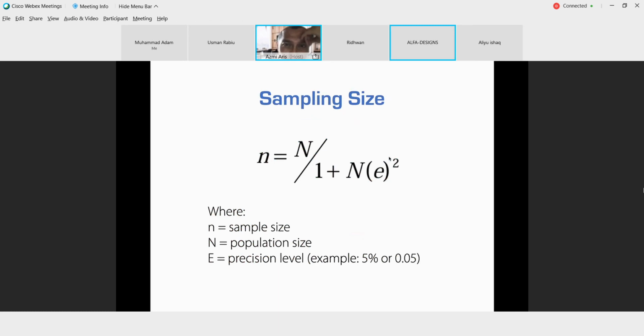Okay. So, assuming you want to carry out a research, you discover that there is a gap in a particular area. Let me use Malaysia as an example. For instance, I want to carry out a research along routes that go to Johor in Malaysia, and there is no literature to back up that.